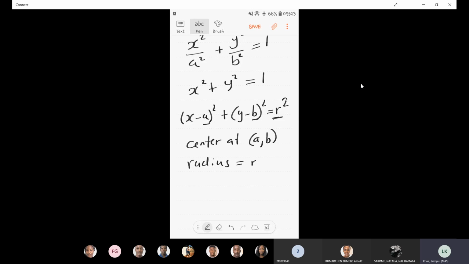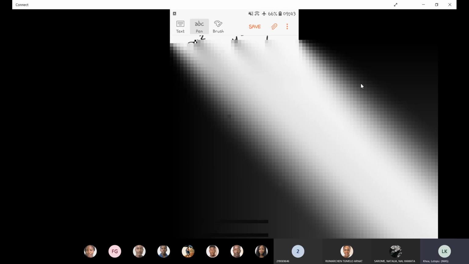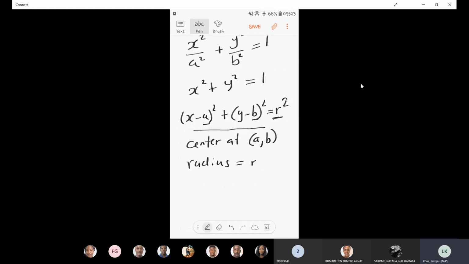Okay, so if your equation is not given in this form, you must first rewrite it in standard form, and then from there you can say this is what my center is, and then you can tell what your radius is.